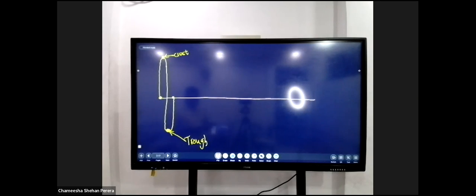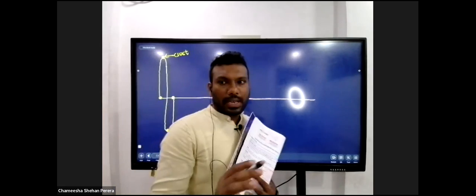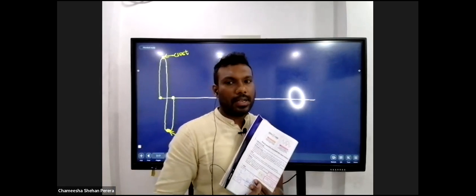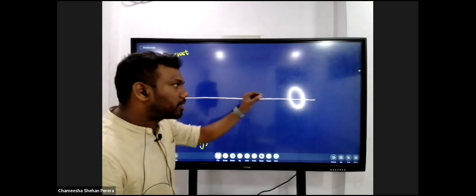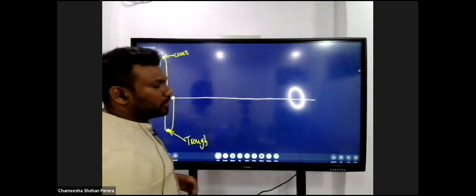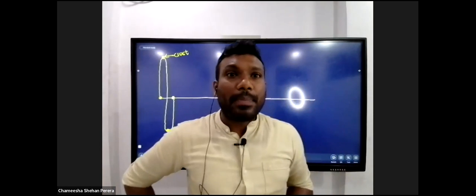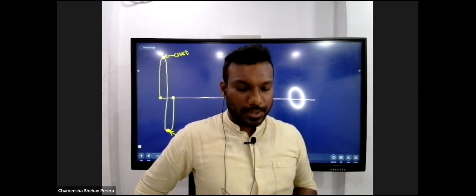We are specifically talking about the amplitude of the transverse wave, so we will write it like this: the maximum perpendicular displacement, because along the direction of the energy propagation, the particle movements are perpendicular in a transverse wave, so we have to mention that.